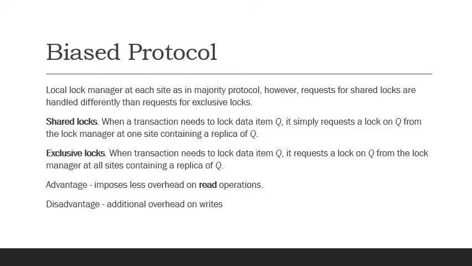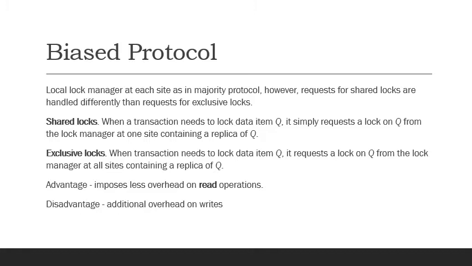Let's next see the biased protocol. The biased protocol is another approach to handling replication. The difference from the majority protocol is that requests for shared locks are given more favorable treatment than requests for exclusive locks.